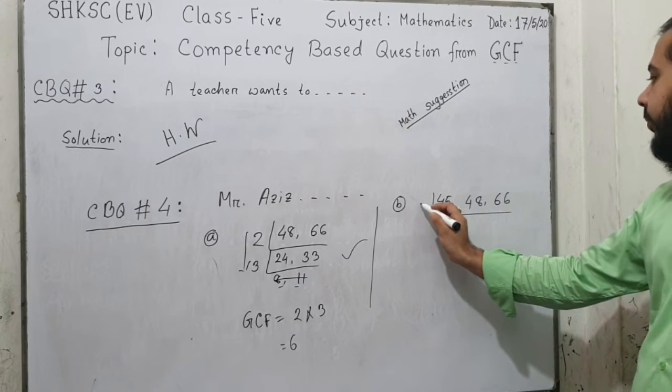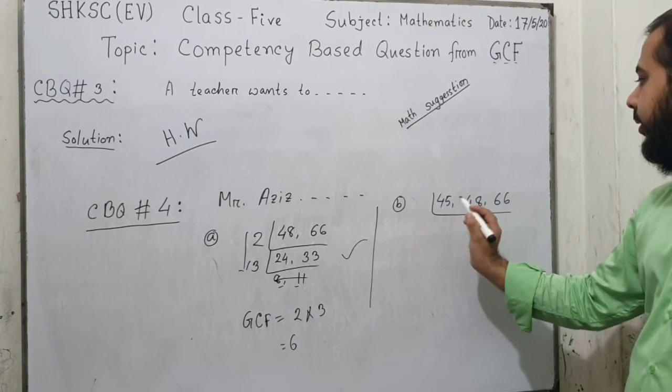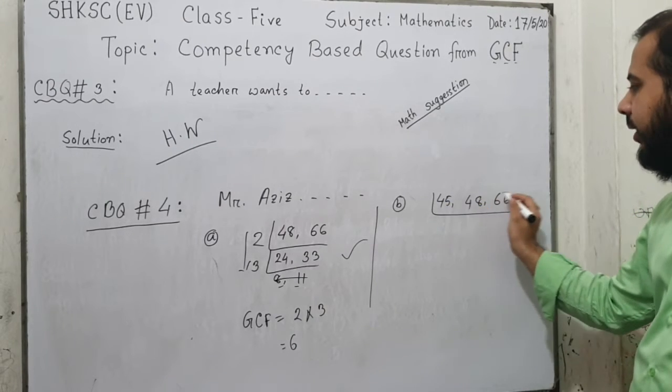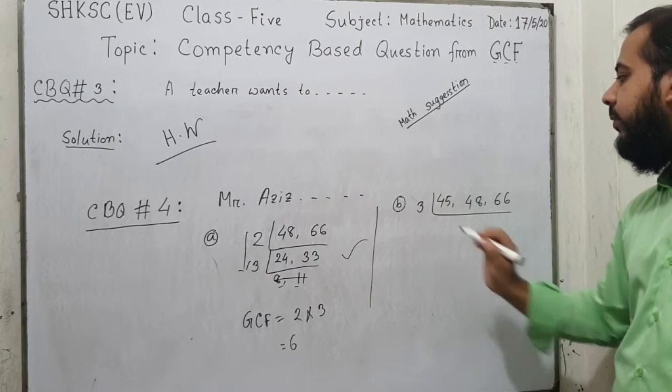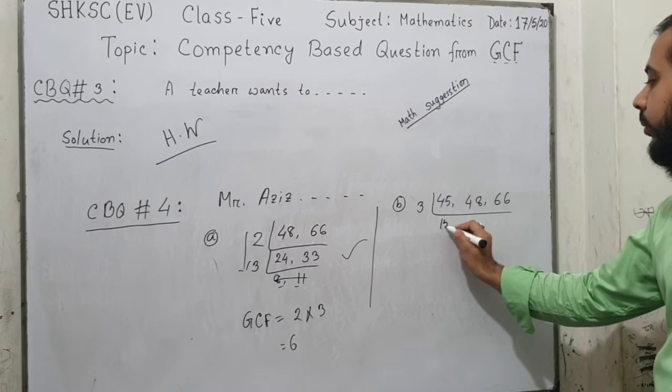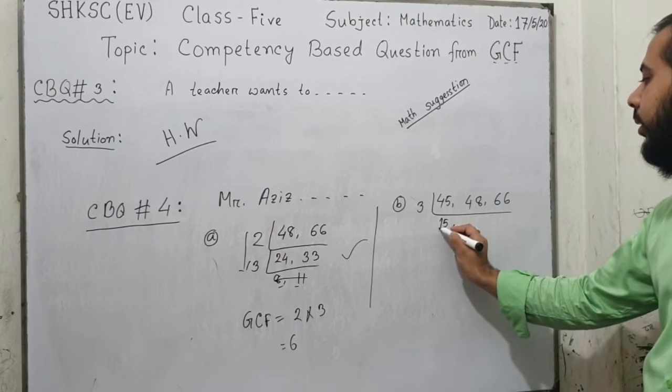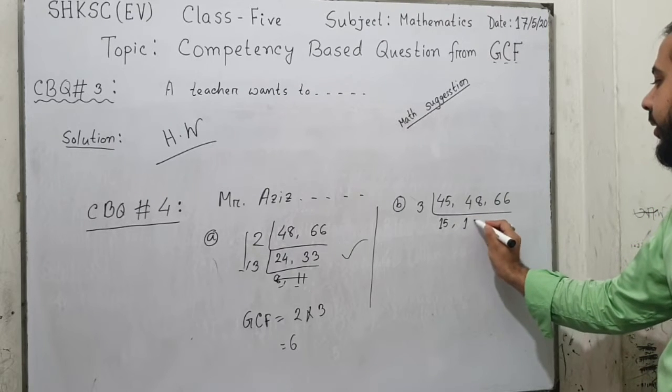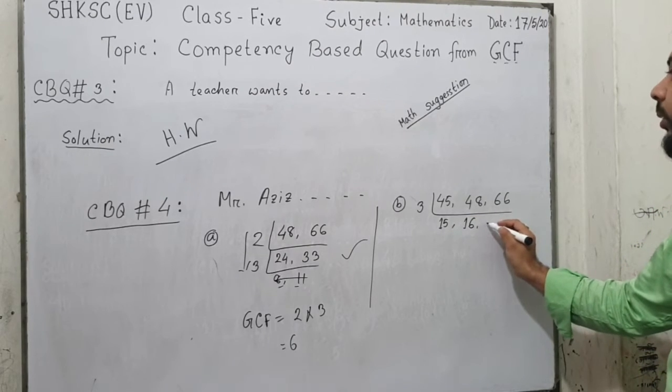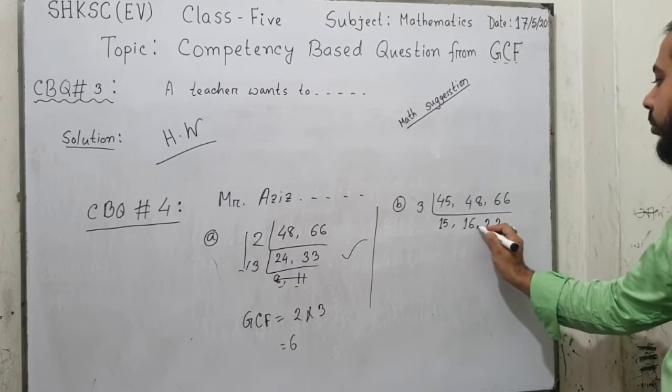At first we divide all these numbers by 3. So we get 15, 16 and 22.